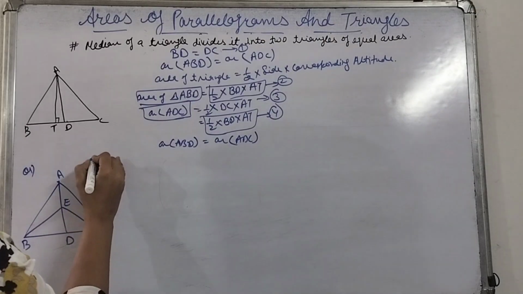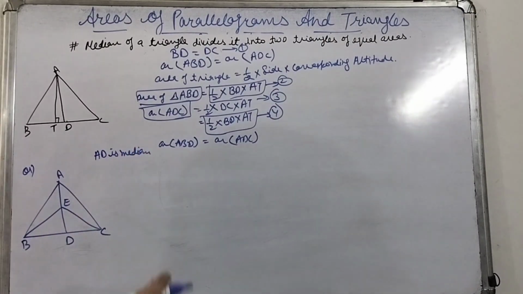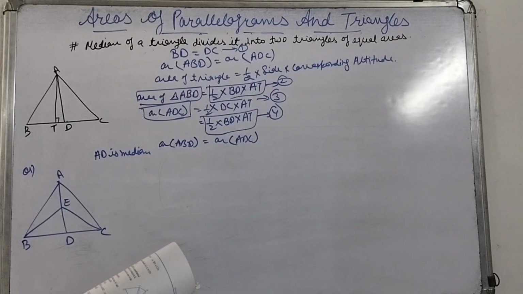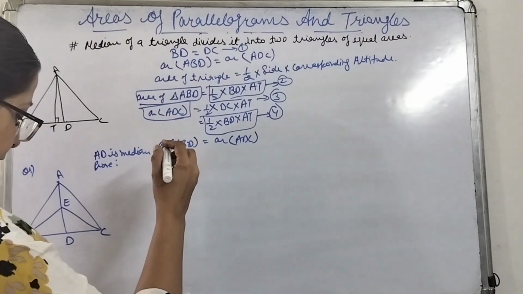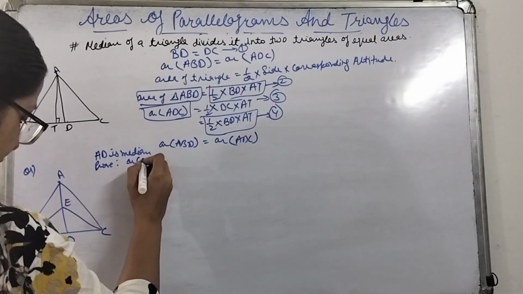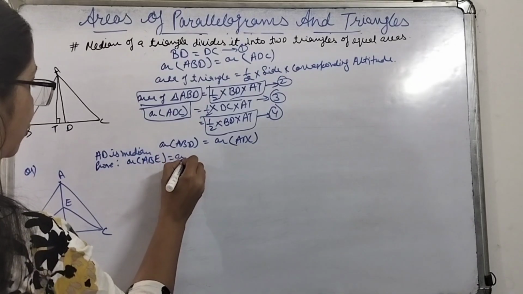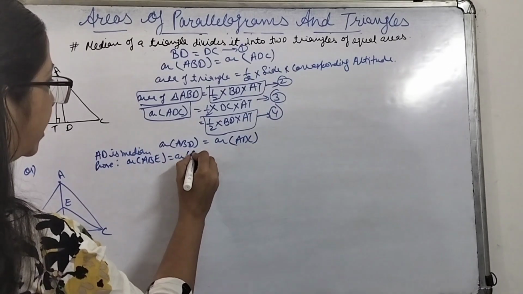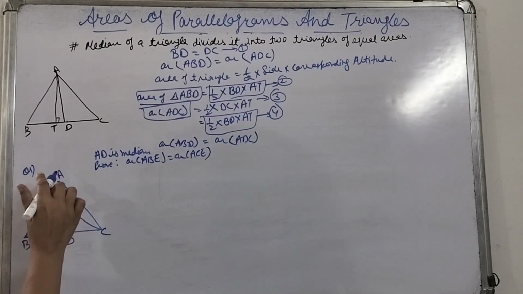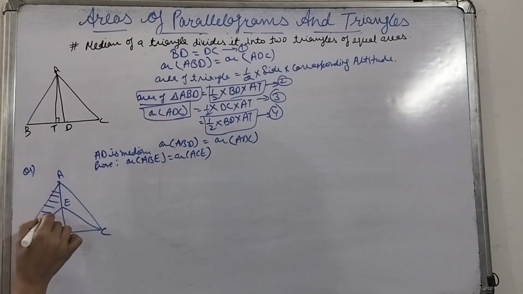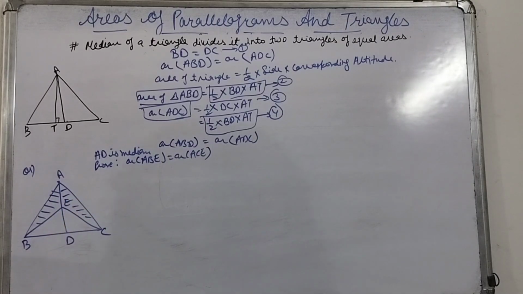AD is the median of triangle ABC, and we have to prove that area of ABE is equivalent to area of ACE. This we need to prove.